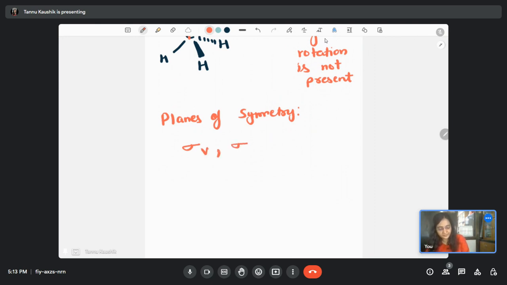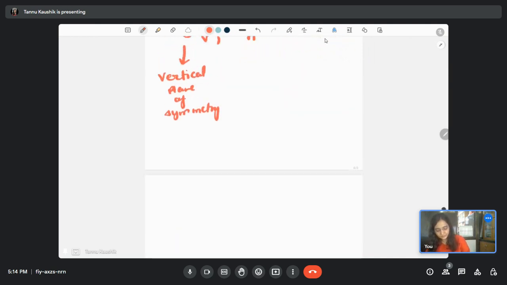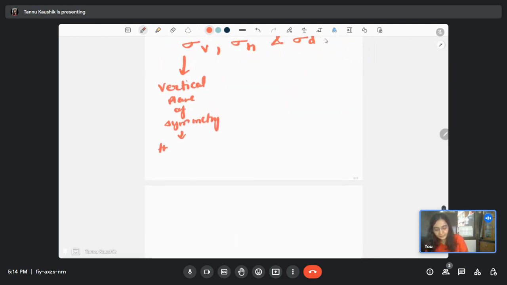We have three types of plane: sigma v, sigma h, and sigma d. The first is the vertical plane of symmetry. This plane passes through the principal axis of rotation.